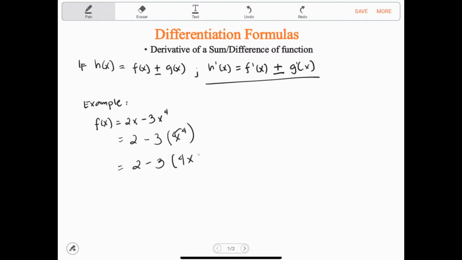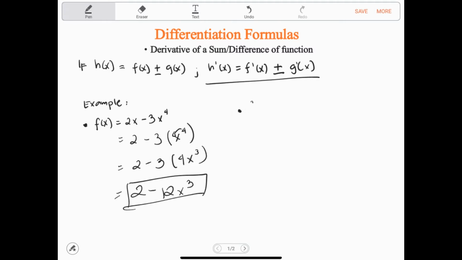So it's going to be 4x cubed. Then follow PEMDAS. So it's going to be negative 3 times 4. So 2 minus 3 times 4, which is equal to negative 12x cubed. So the answer is 2 minus 12x cubed.